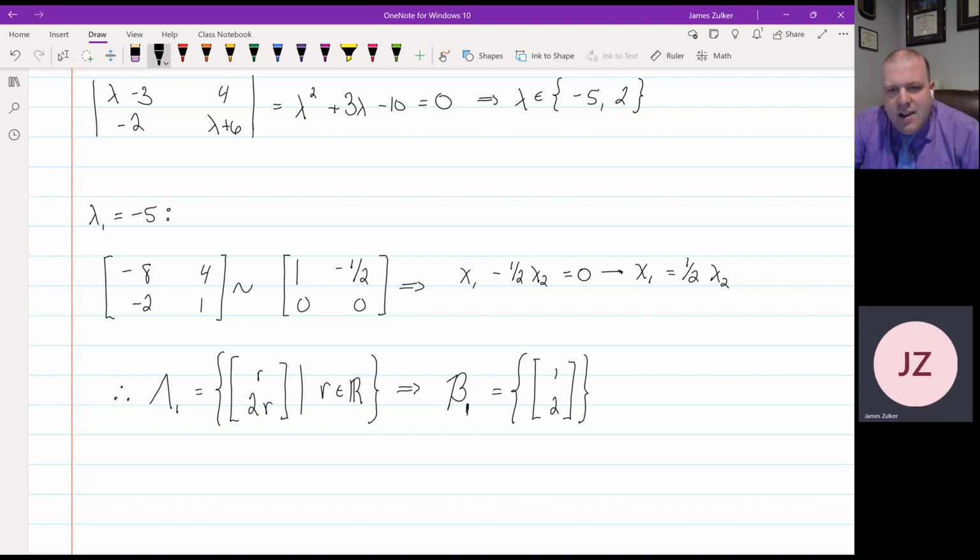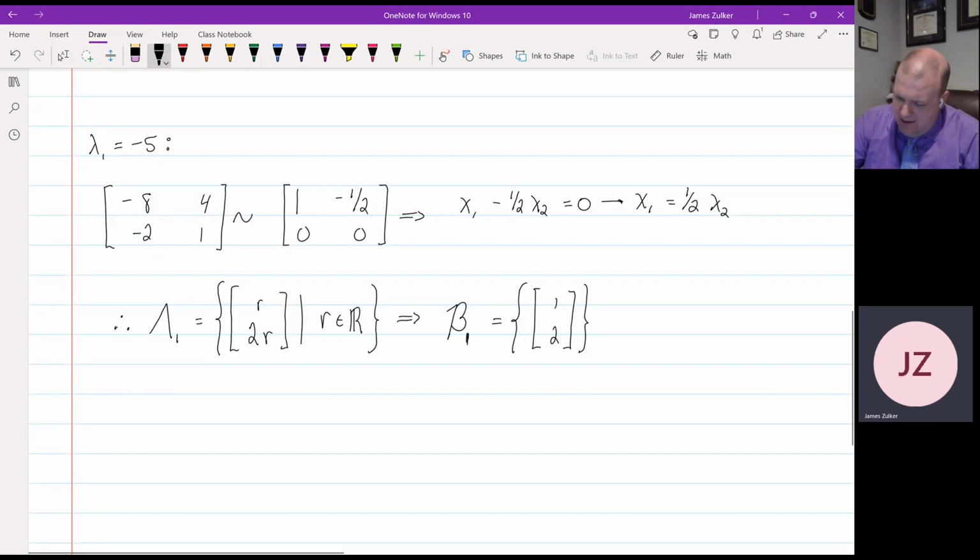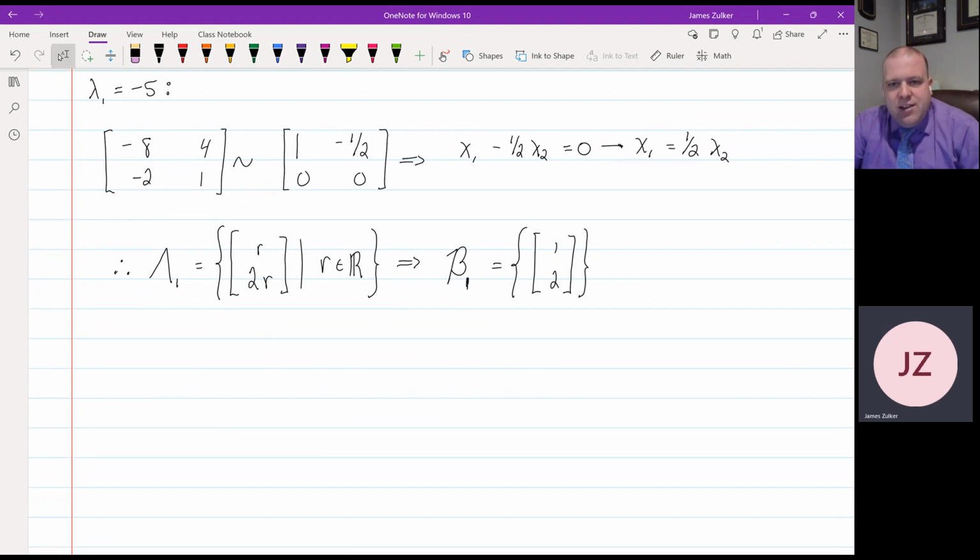So there'd be a basis for this eigenspace. Now, we don't have to let r be 1. We could have said r is 8, and that would have been a basis too. So we want an eigenvector, and the eigenvector is any element in there where r is not 0.